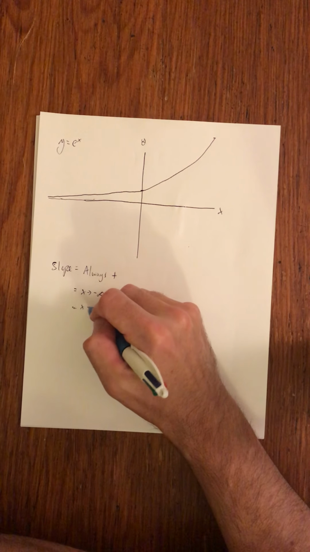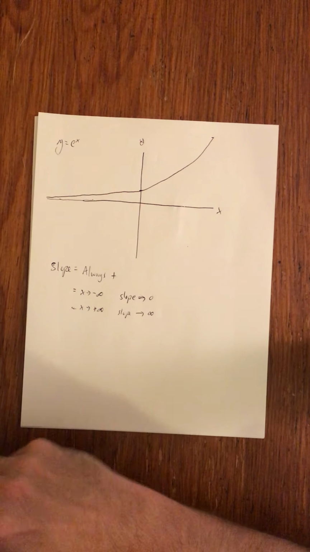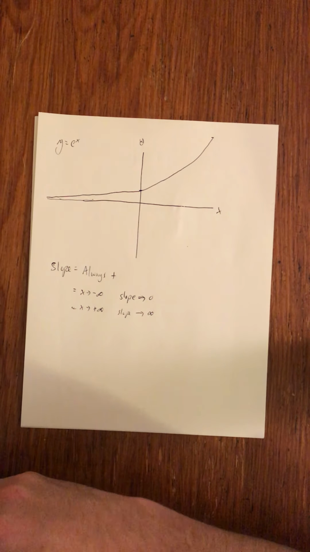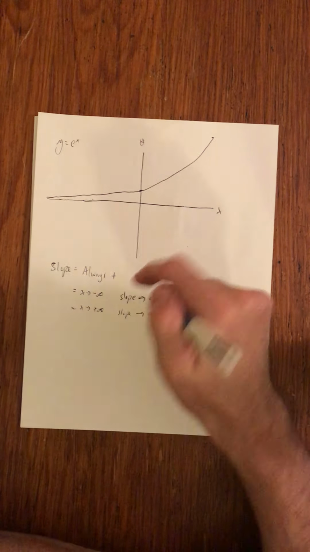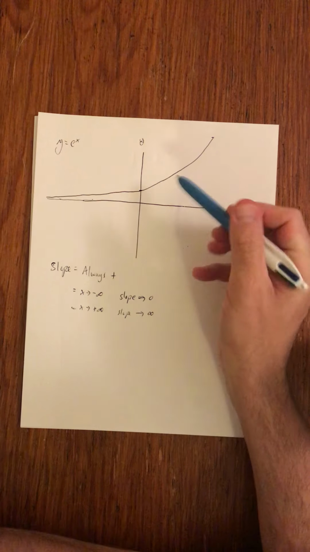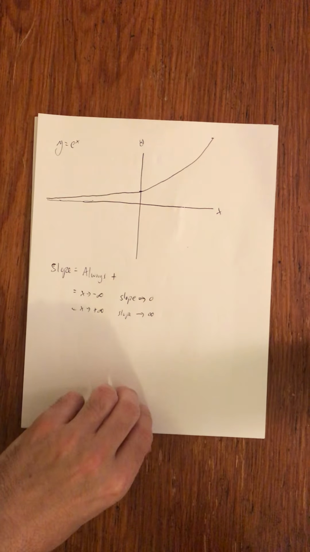And as x approaches positive infinity, the slope trends to infinity because the slope is always increasing. Well, that's super interesting, right? Because it kind of seems like all of these things that describe the slope also describe the value of the function. Super interesting there. But let's prove it.